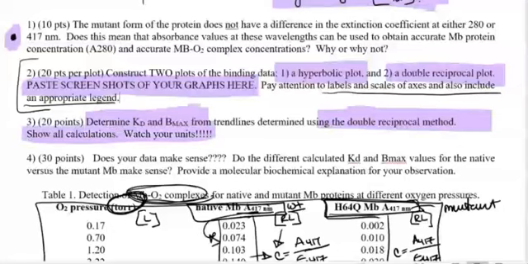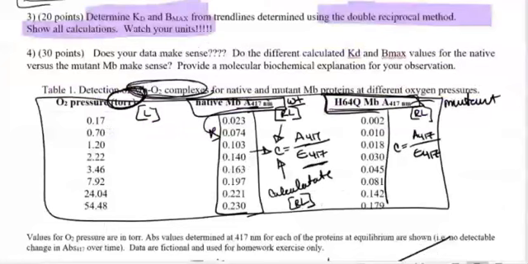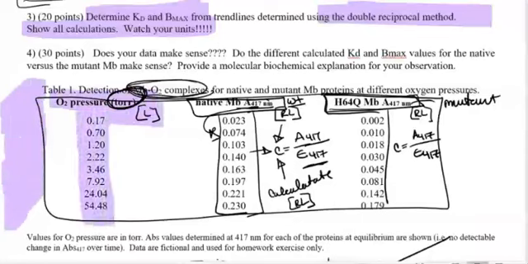Here's your data. The data bears some review. So here's your data table, and you're going to be making your graphs based on this data. In this column here, you have your oxygen concentration. So this is your ligand concentration, and it's in terms of torr. So torr is a measure of pressure of a gas.